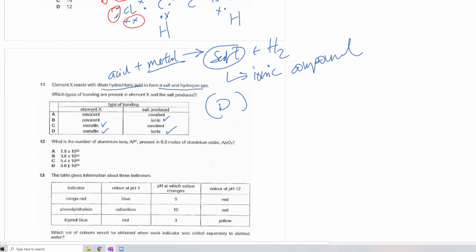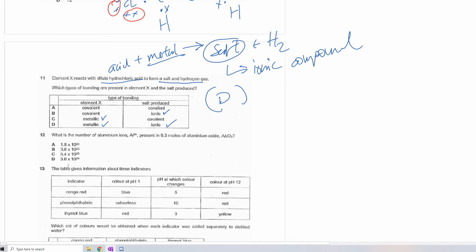For question 12, what is the number of aluminium ions, Al3 plus, present in 0.3 mole of aluminium oxide? Aluminium oxide actually has 2 aluminium ions present. How do I know that? Because it is Al2O3.